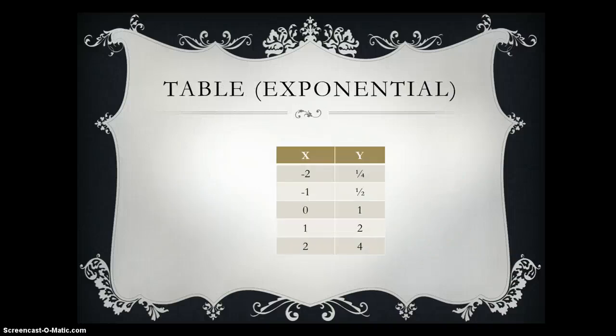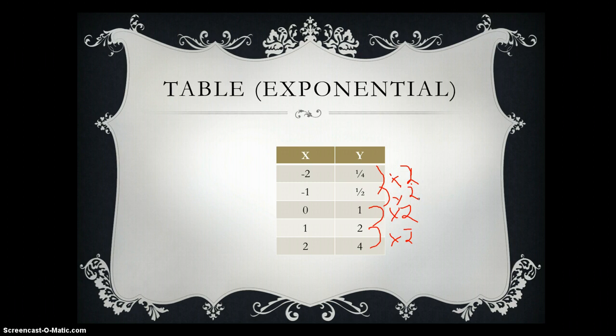So exponential equations, this is where if we look at the first difference, we're not going to have a constant thing. If we look at the first and second and third and fourth, it's always going to be not a pattern. It's not going to go to a constant number. Instead, we have 1 to 2, multiplying by 2. Go 2 to 4, multiply by 2. You could even go down here in these fractions, go from quarter to half, multiply by 2, half to a whole, multiply by 2.